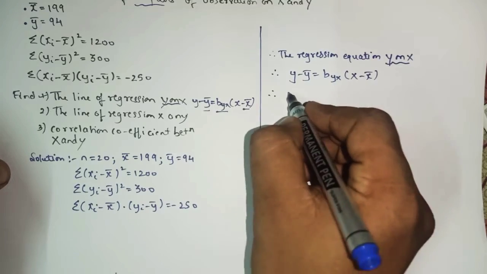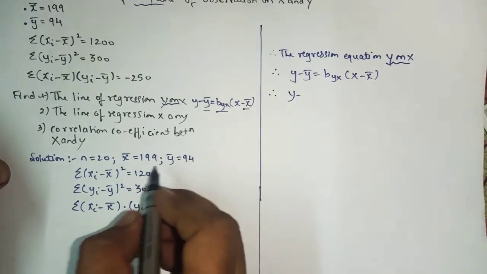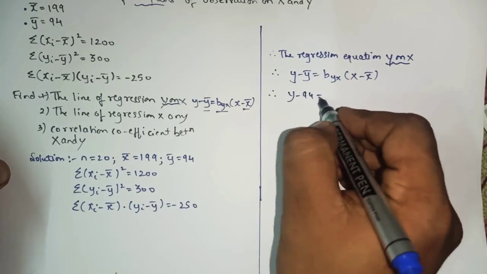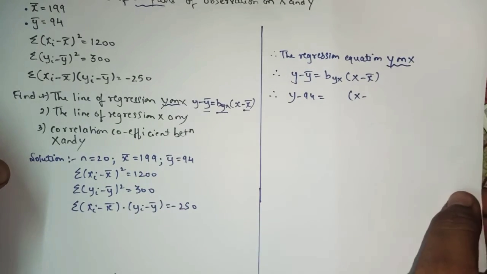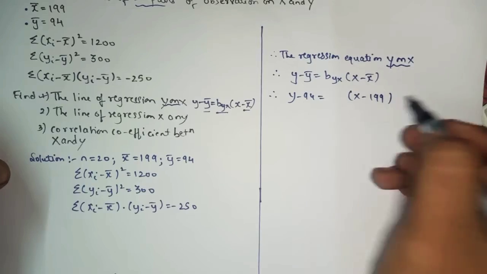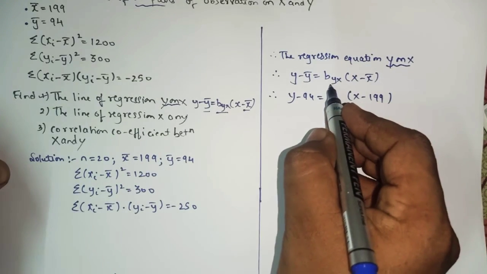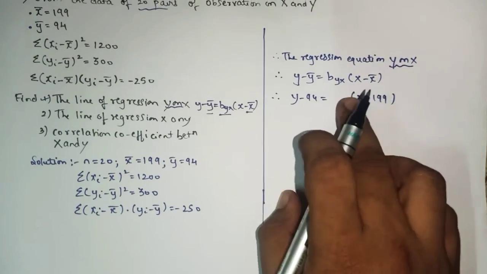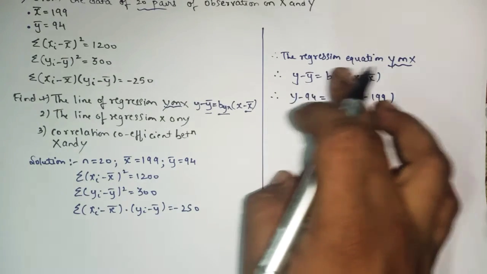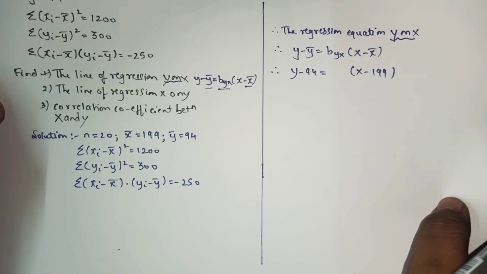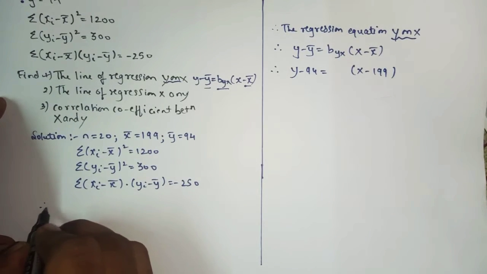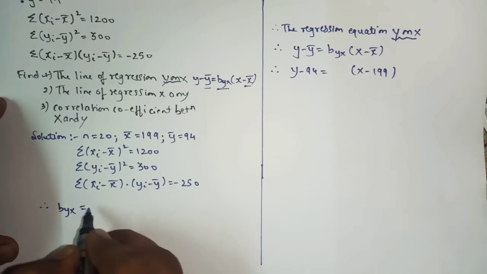Yes or no? So here we have y mean, that is 94, and x mean as 199. So simply we have to find byx. Without knowing the value of byx, we cannot find the regression equation y on x. So first we'll find byx.